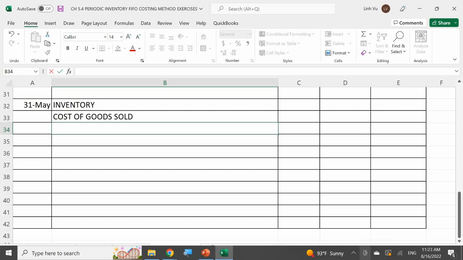Accounts payable. Not accounts payable. You're not paying anything off. When I purchased my inventory, what did I recognize them as?